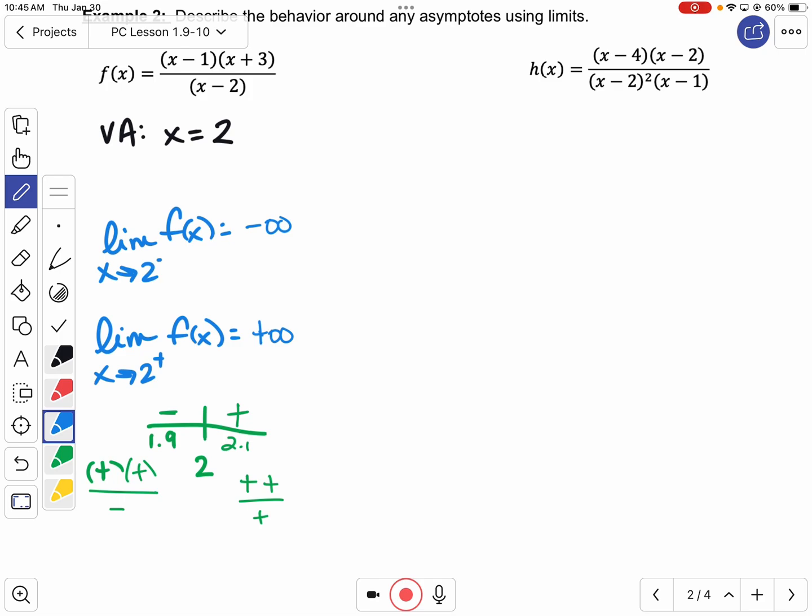How's it different than the last one? Oh, we've got two asymptotes. Okay, we've got two asymptotes, so we're going to have to do it for both.